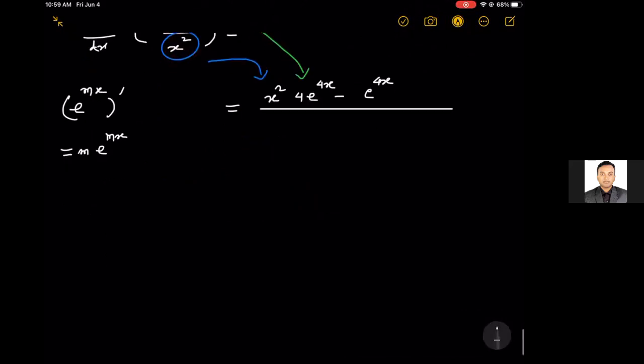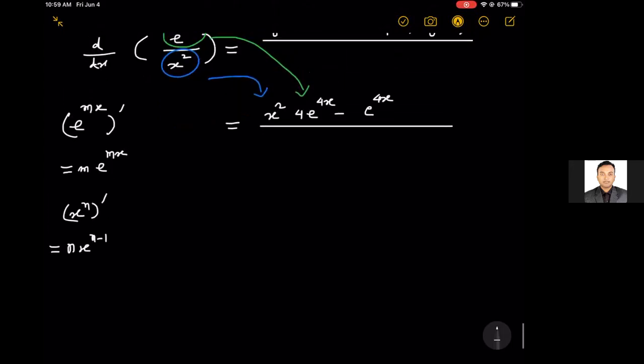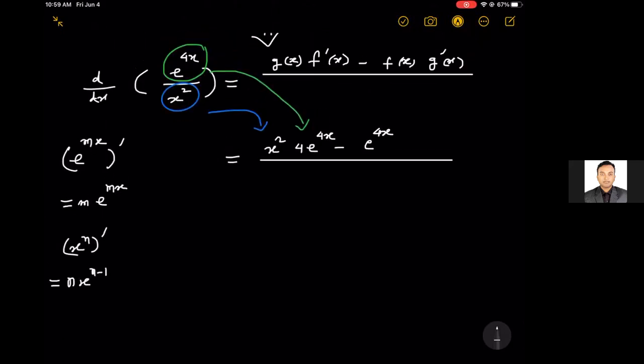We know the derivative of x to the n is n times x to the n minus 1. So here for x squared, n is 2. So it's 2 times x to the 2 minus 1, which is 1. So you can write 2x.